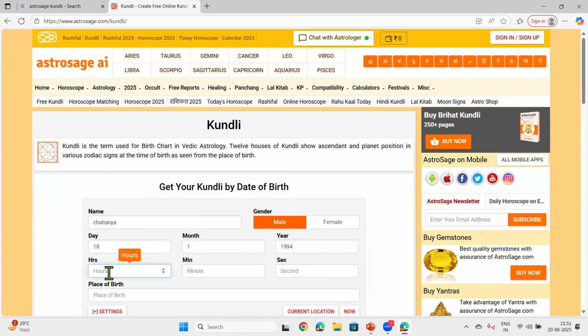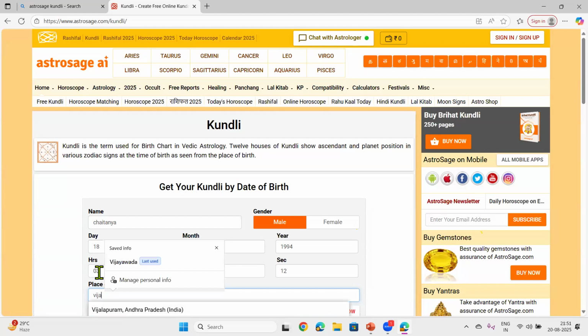Then 3 hours, 05 minutes, Vijayawada. It's not coming in the chart, na? Is it Vijalapuram?